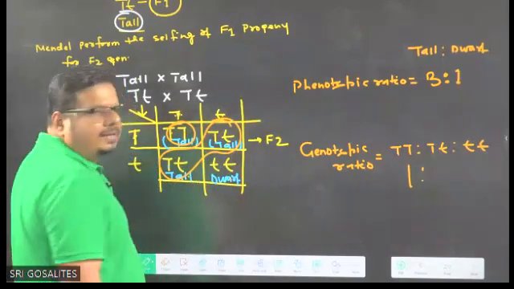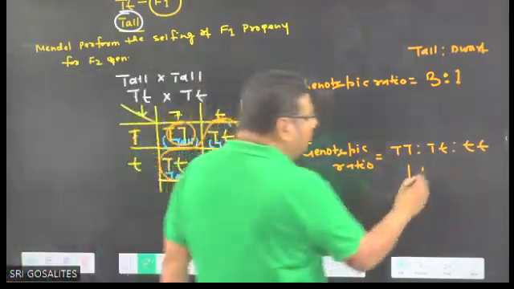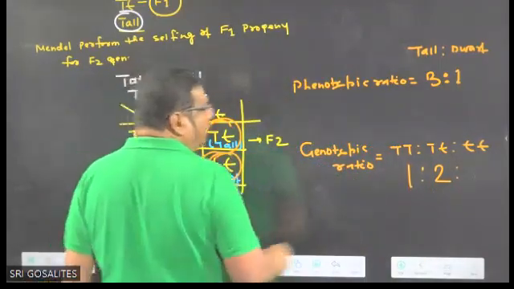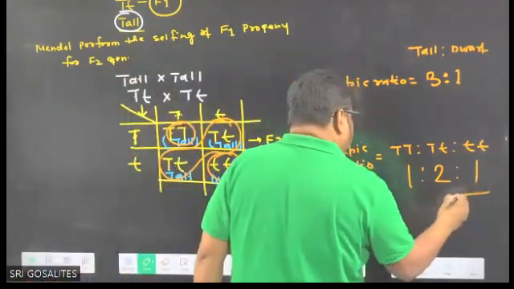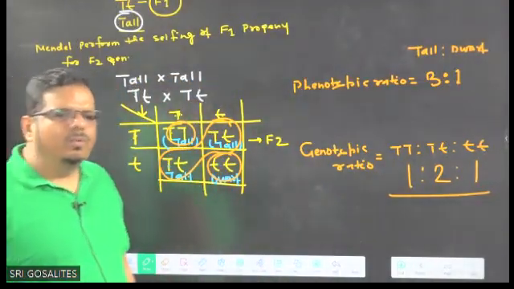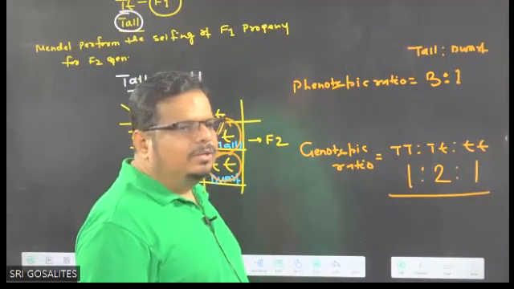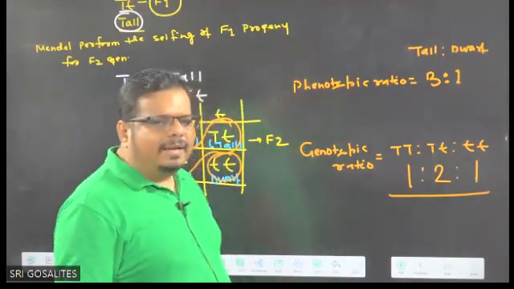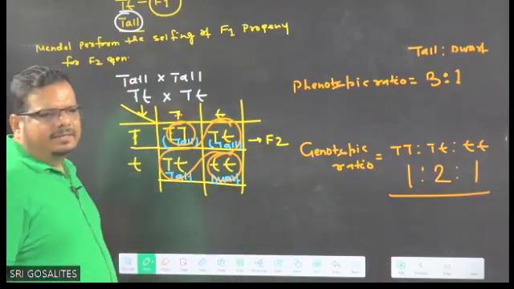These 2 are capital T, small t. Agree or not? 1:2. And here, 1 is small t, small t. So the genotypic ratio is 1:2:1. Phenotypic ratio is 3:1. Is it clear in the mind? Is it all right?